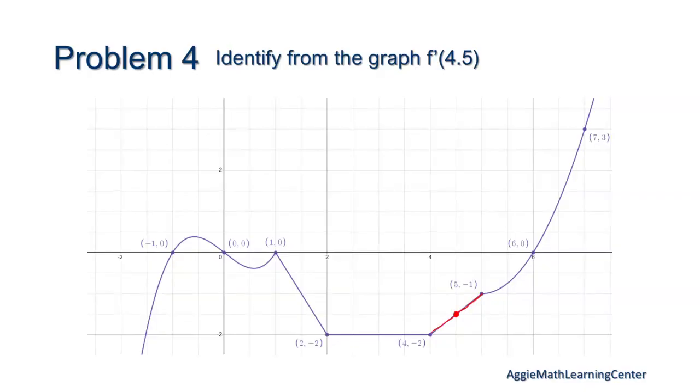And the point that you're looking for is going to be contained between 2 points that are defined. Since it's just a linear slope, the slope of the tangent line is just the slope of that line. Okay, so does anyone want to take a stab at what the slope at 4.5 is?